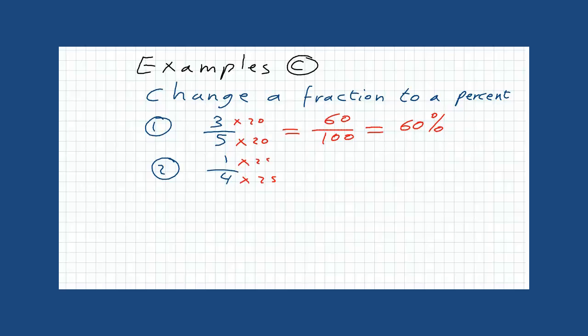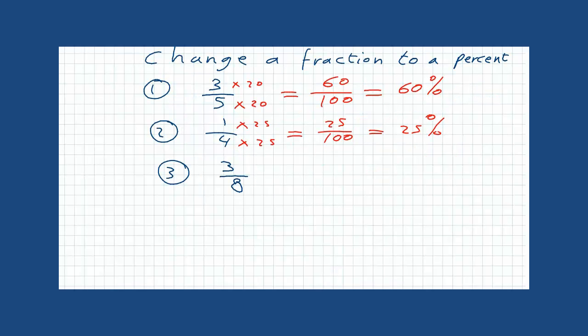So you will have 25 over 100, and this is our percent, 25%. But if you look at our third example here, you will notice that 8 is difficult to change to 100. So there is no other way but doing long division.